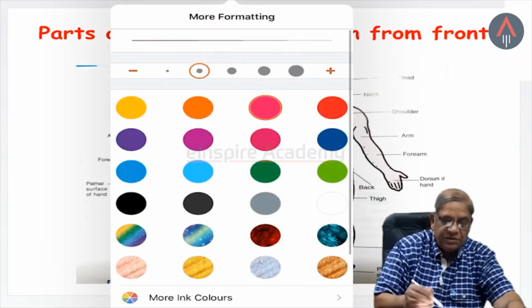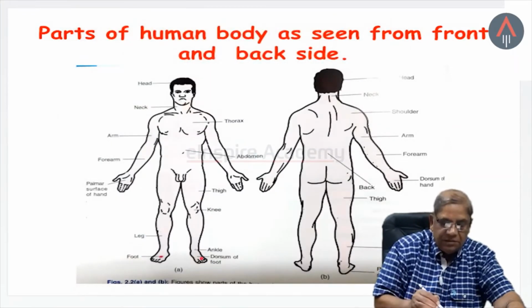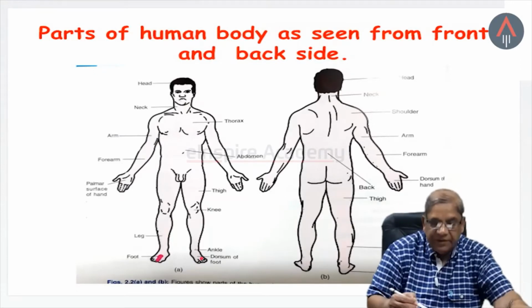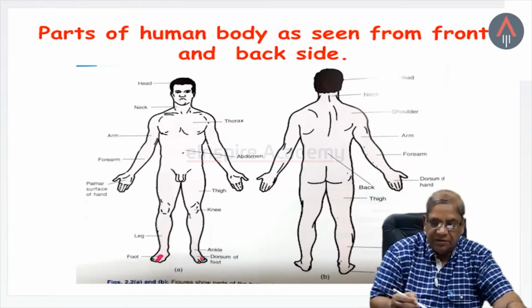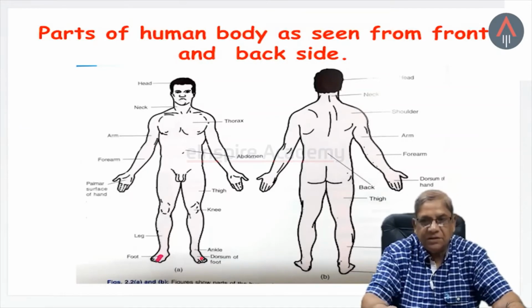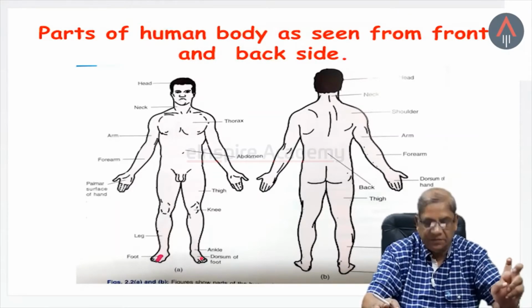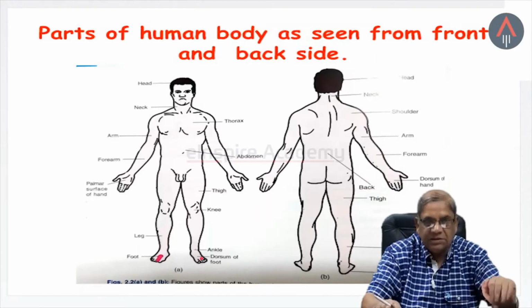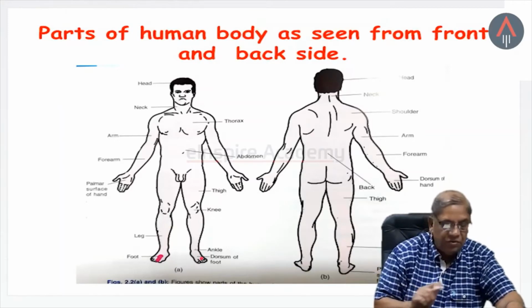This surface is the dorsum of the foot. But the under surface of the foot, which is called the sole in common language, is the plantar surface of the foot. So you have to define which surface of the foot you are referring to, whether it is the dorsal surface or the plantar surface. These are two terms which you have to learn.